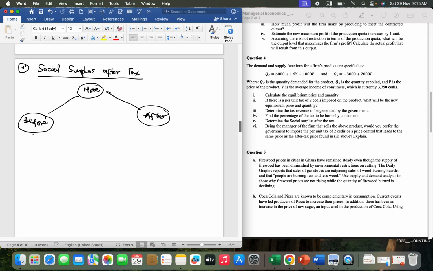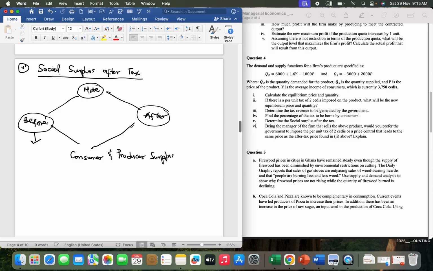If it's before, you are asked to find social surplus before tax. We also have social surplus after tax. Both before and after deal with consumer and producer surplus.